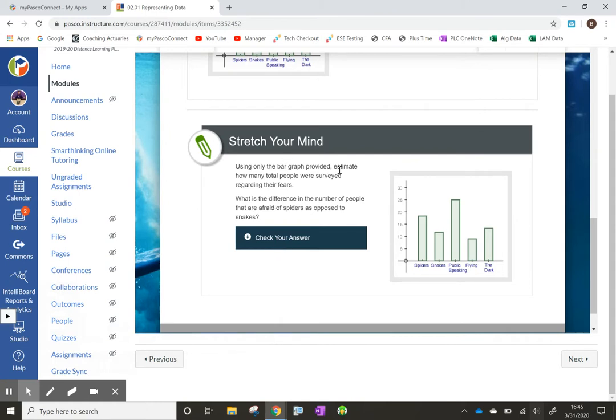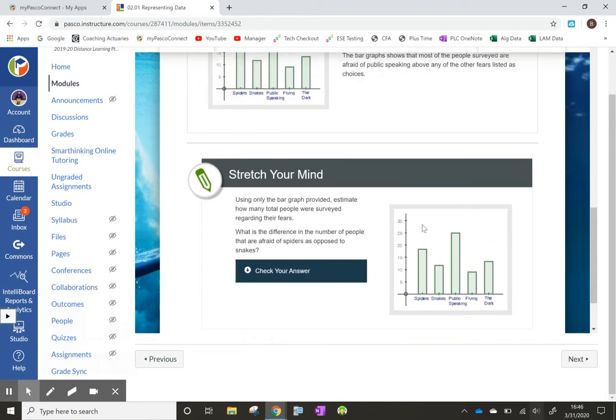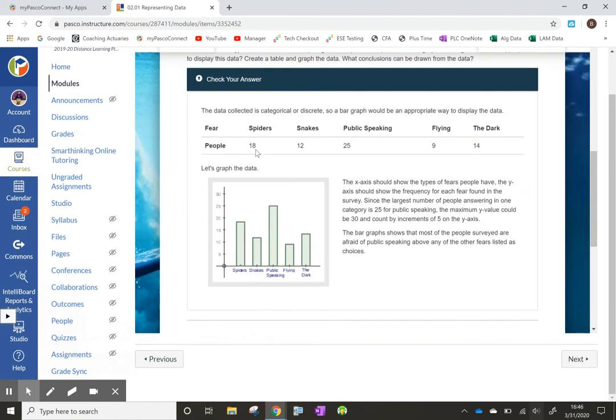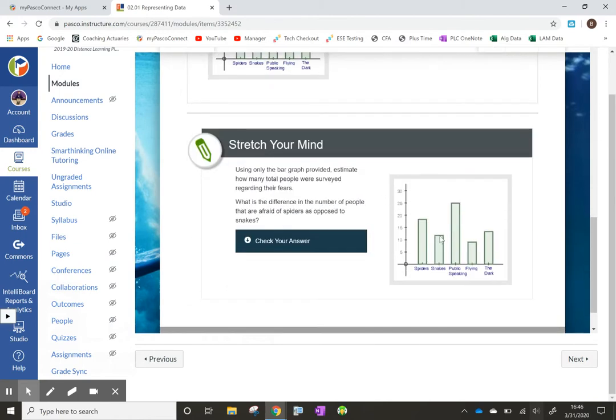Using only the bar graph provided, I'll let you guys work this out. Estimate how many total people were surveyed regarding their fears. If you want to know how many people in total there were, you would just add up the amount of each bar. The first one looks like 18 for spiders. Yeah, 18 for spiders, and it looks like that from the graph.